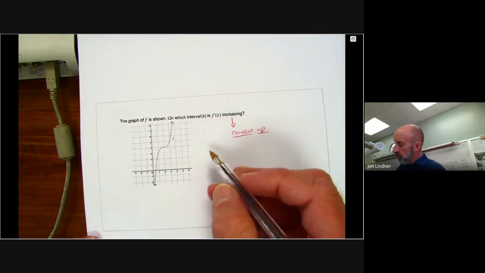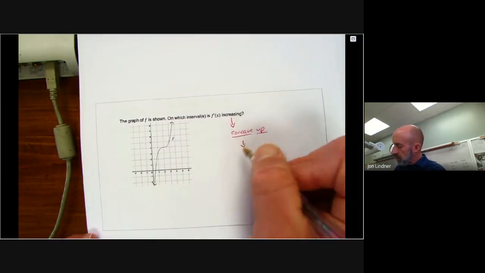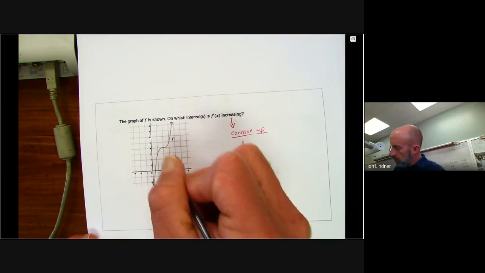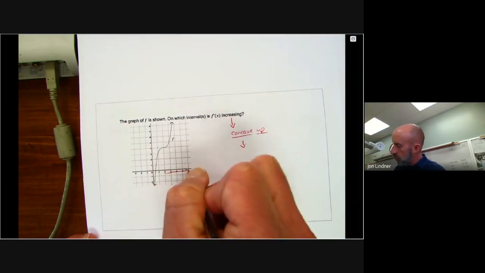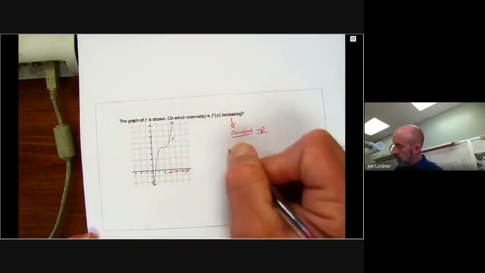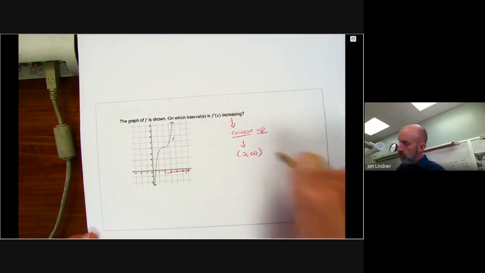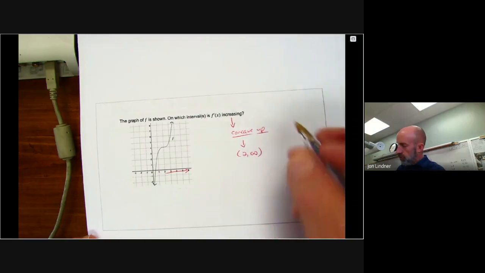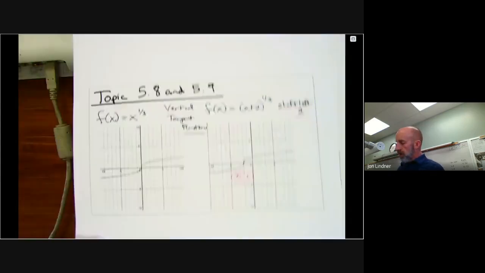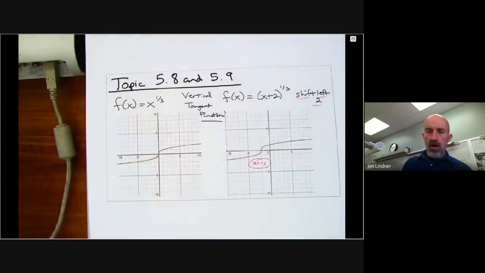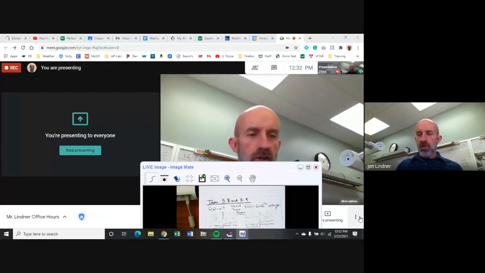So if we look at this graph, we can see that it is concave up from 2 to infinity. So those are the intervals where f prime of x is increasing. So hopefully that clears some things up on topics 5.8 and 5.9, and we will stop recording there for today.